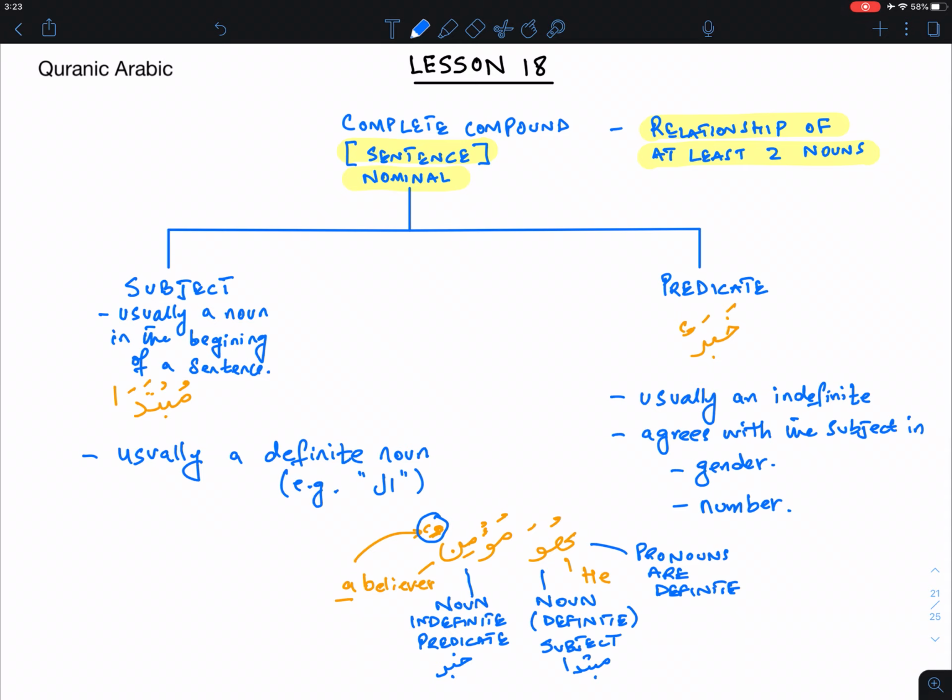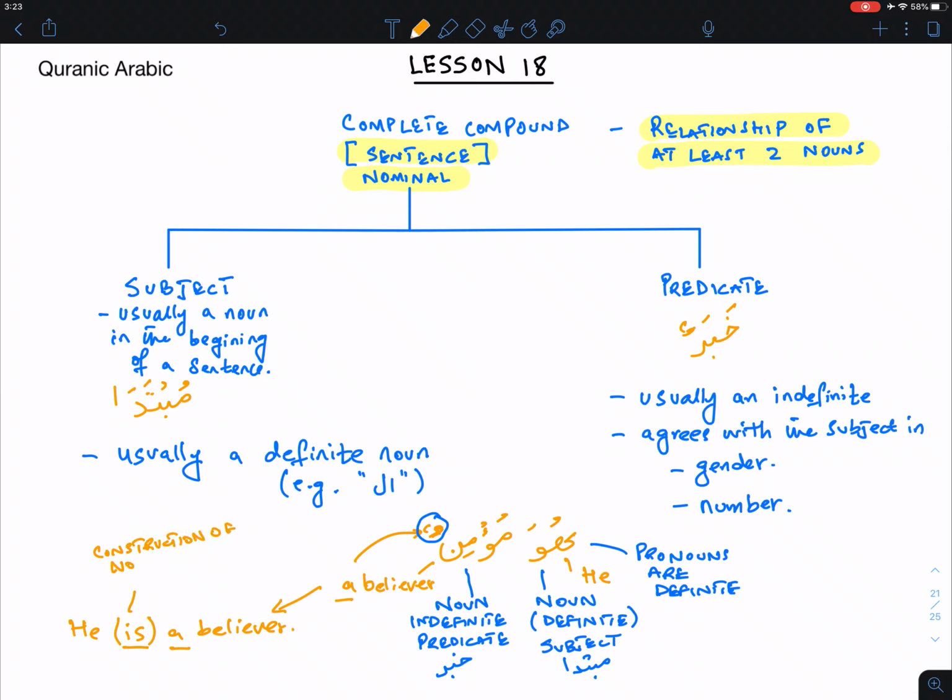It is a complete sentence. And the translation will be, he is a believer. Where did the a come from? From the indefinite part of the mu'minun. Where's the is coming from? That's coming from the construction of a nominal sentence.